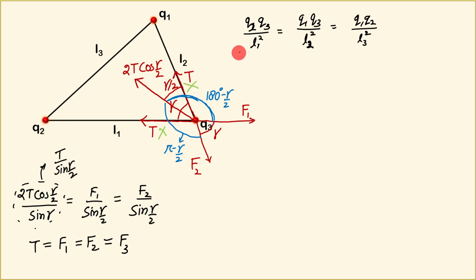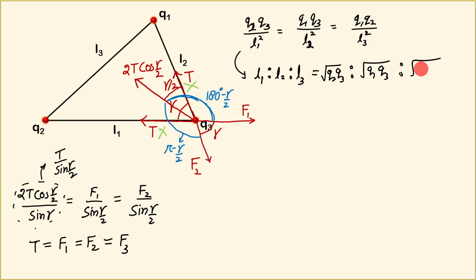From here you can invert this whole thing and take some constant equal to C, and it is very easy to say that L1 is to L2 is to L3 is going to be equal to the square roots of all this. So this will be root of Q2 Q3 is to root of Q1 Q3 is to root of Q1 Q2. The total length of the string is L, which we are cutting into 3 parts.